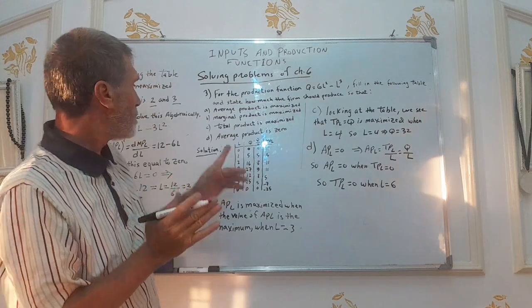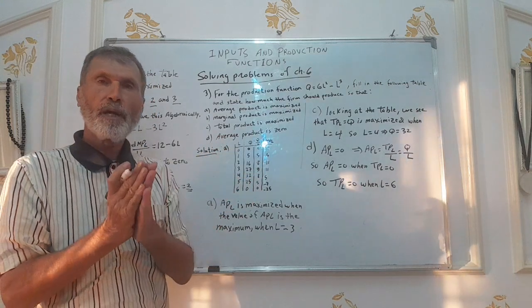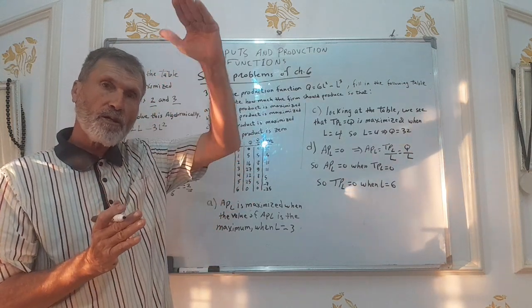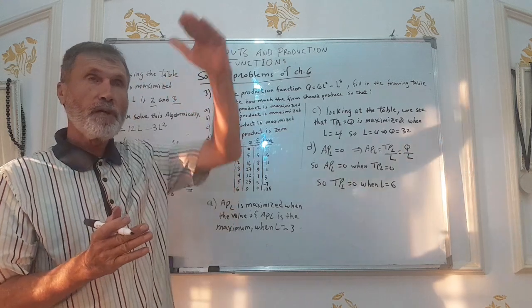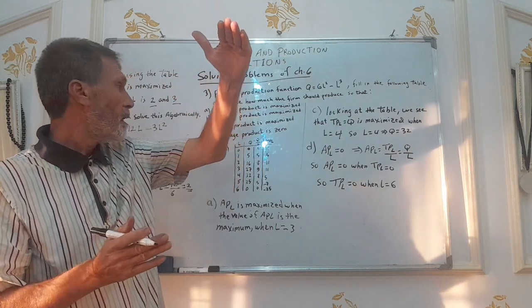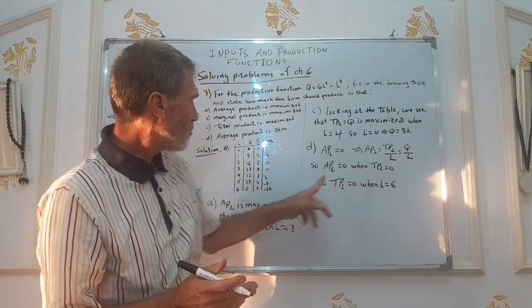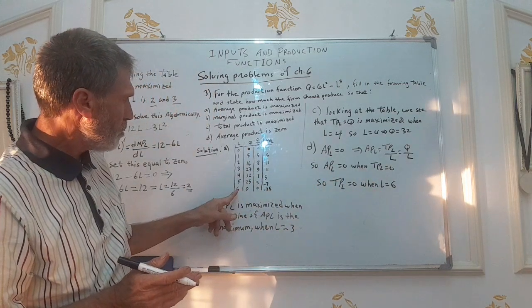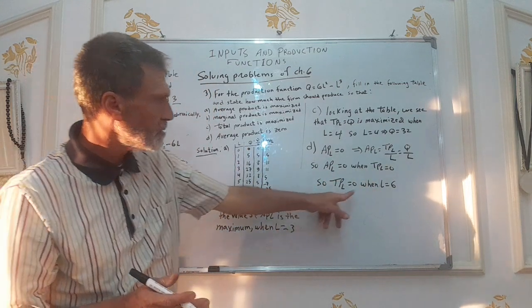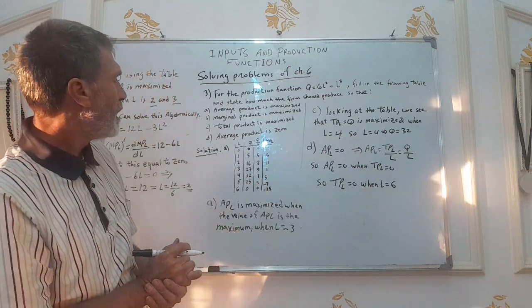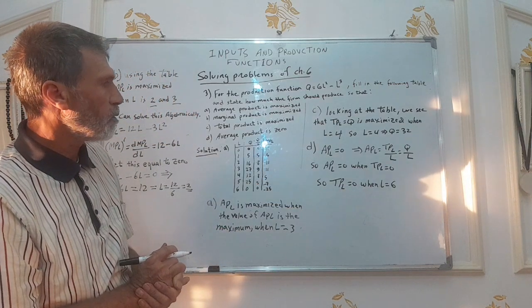The numerator of that equation is total product of labor, so it is 0 when L equals 6. Therefore, average product is 0 when L equals 6.